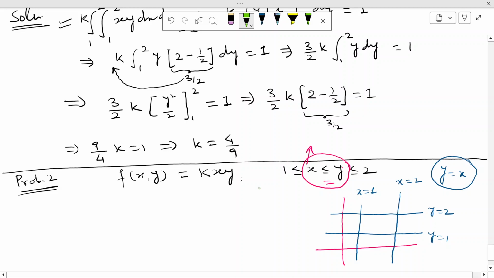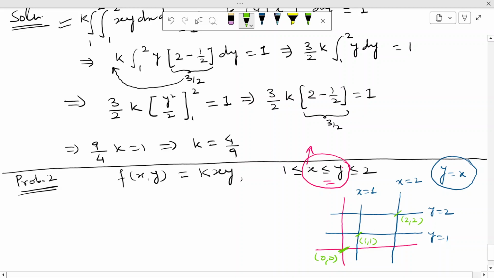For this line, the first point is the origin, which is 0 comma 0, because y and x are both 0, so they are equal. Now the point of intersection of x equals 1 and y equals 1 has coordinates 1 comma 1, and the point of intersection of x equals 2 and y equals 2 is 2 comma 2.